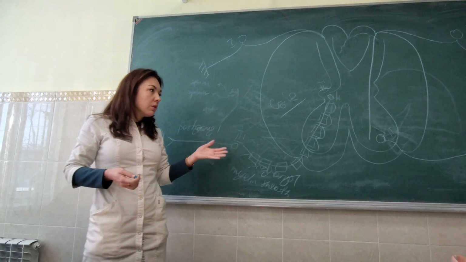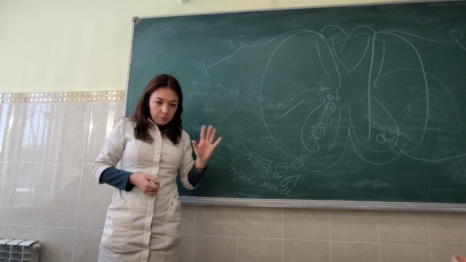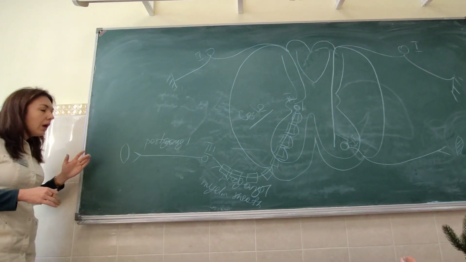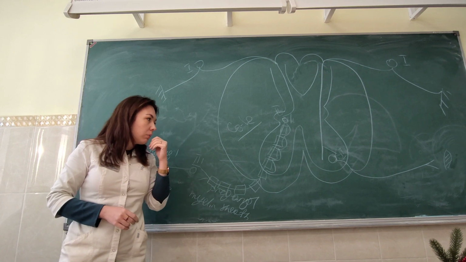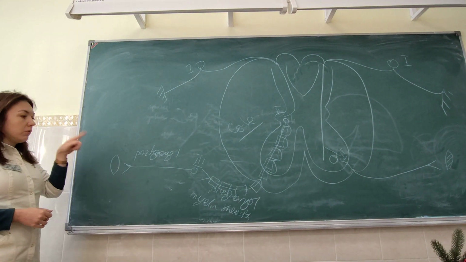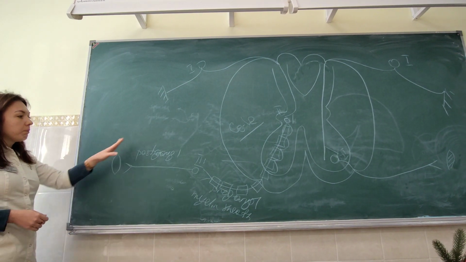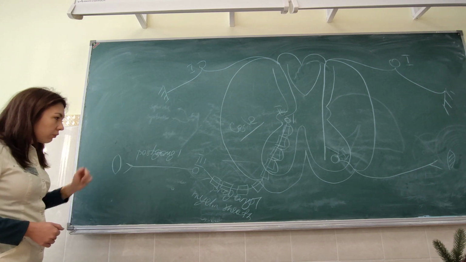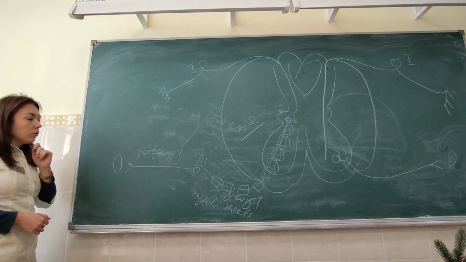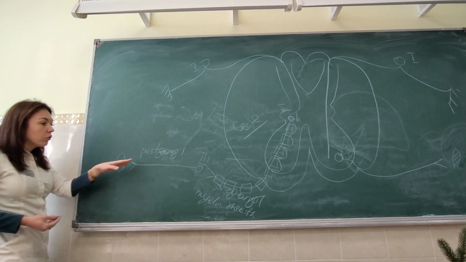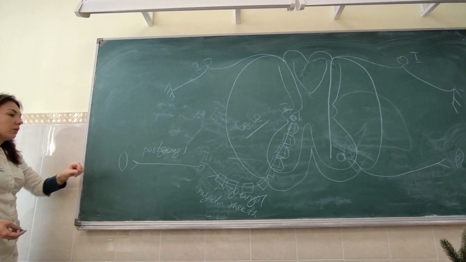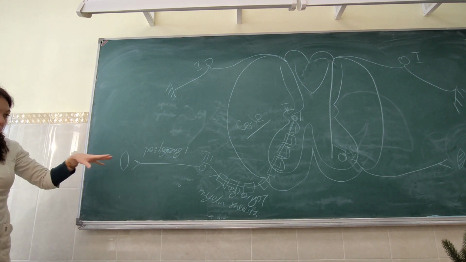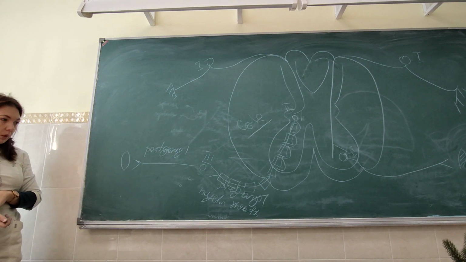There is a myelin sheath, but not that thick, and that's why the speed of impulse conduction is definitely slower than in somatic fibers. And C fibers are totally non-myelinated. These are postganglionic fibers. So that's what you will have to understand.